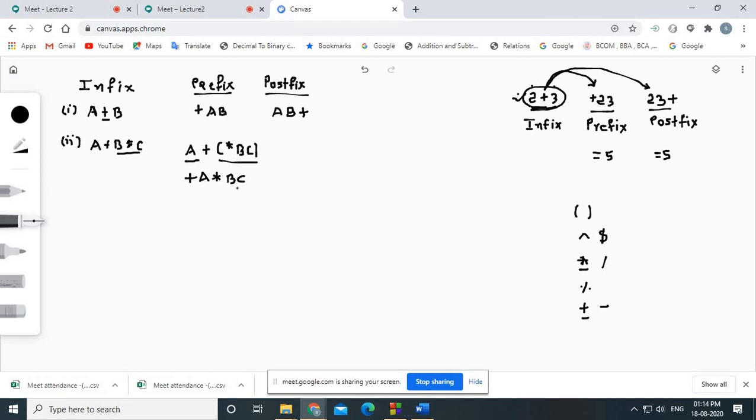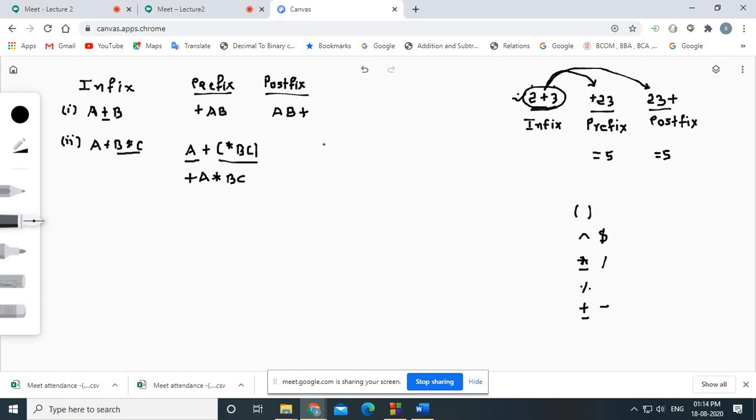Now in the same way we are trying to convert this particular infix expression into the postfix, right? Again the priority will be given to b into c first, but here you need to convert b into c into the postfix. We know that in the postfix the operator will come later on.